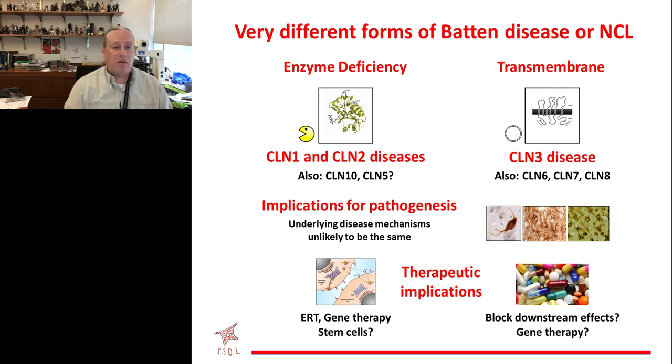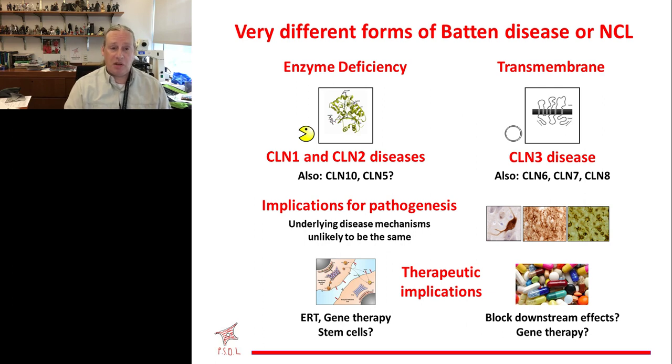Equally, when it comes to devising therapies, the implications are quite different. For those enzyme-deficient forms, we can rely on the mechanism of cross-correction, in that there are receptors sitting on the surface of cells waiting to catch any enzyme that we could deliver to a brain, so they will be taken up to cross-correct the neighboring deficient cells.